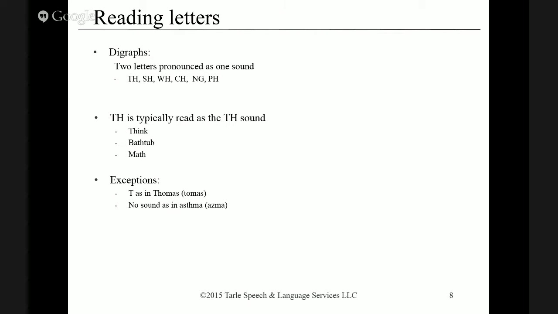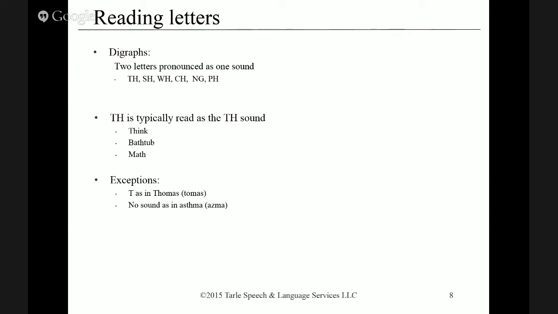We have lots of these in English, which confuses a lot of my clients. We have TH, SH, WH, CH, NG, and PH. So again, two letters, we pronounce them as one sound.